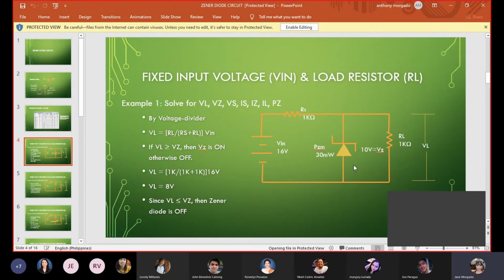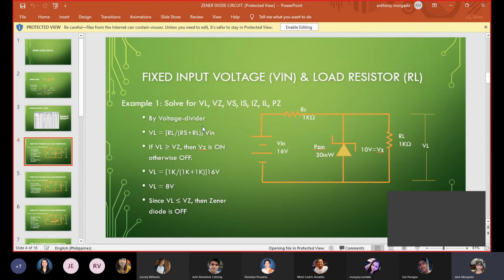But then, we have to make sure that the Zener diode is on. So the voltage across RL should initially be equal to or greater than the Zener voltage. How are we going to determine if the voltage across RL is enough to turn on the Zener diode?